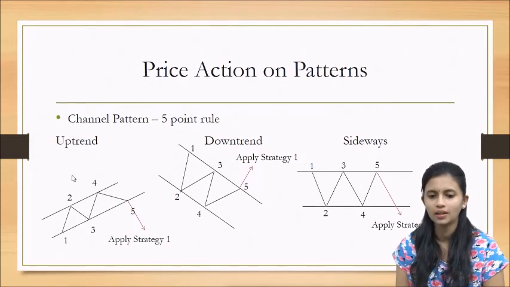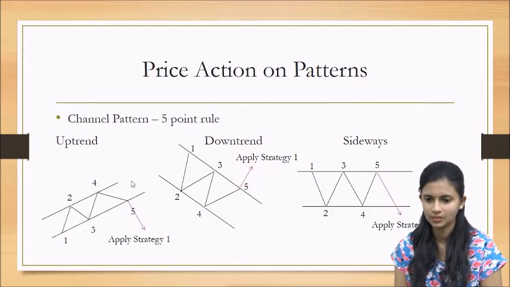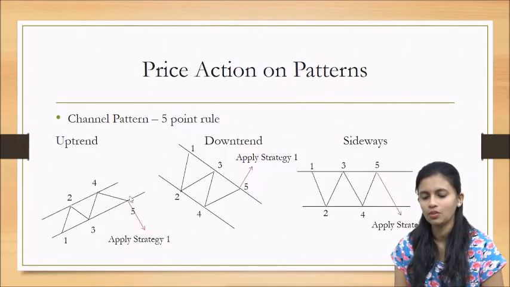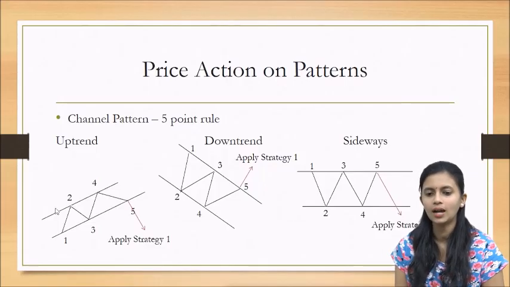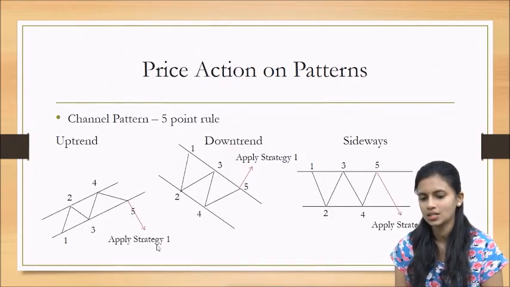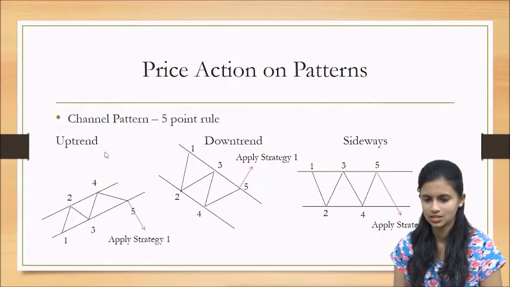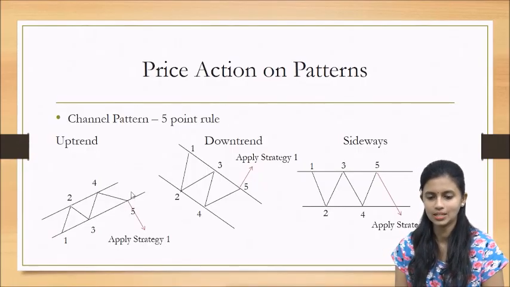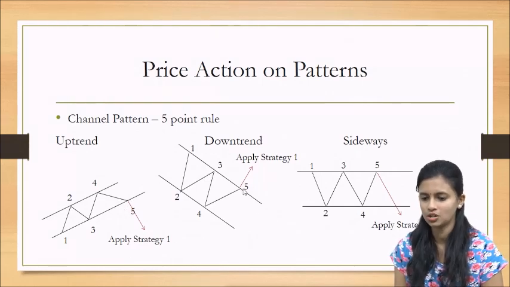So in the channel pattern, you have an uptrend, which looks something like this, a downtrend like this, and sideways like this. Now where can you apply the price action strategy? Under this channel pattern at point 5, if you find reversal patterns as we discussed before, you can apply strategy 1. If it is an uptrend, then a bullish reversal pattern should be there at point 5, and if it is a downtrend, then a bearish reversal pattern.